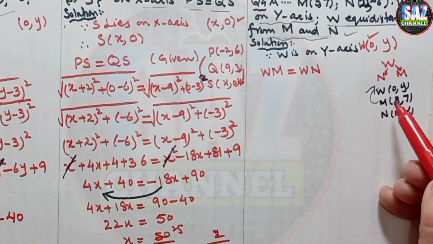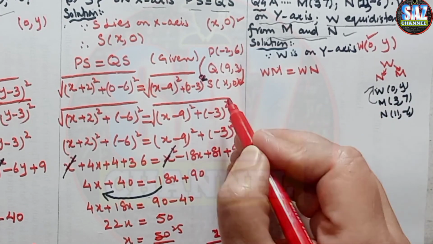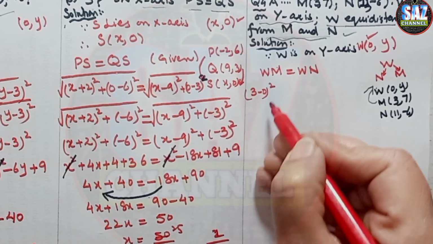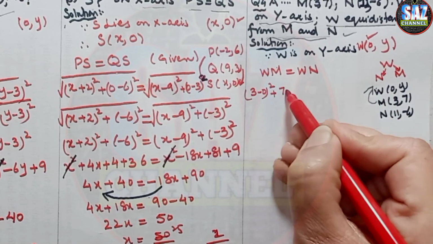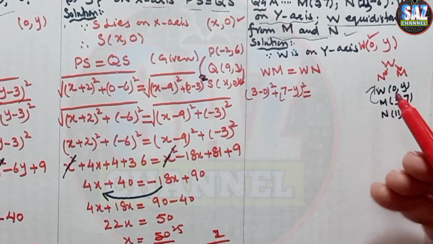WM. Now, (x2 minus x1) whole square, that will give me (3 minus 0) whole square plus (7 minus y) whole square equals WN.